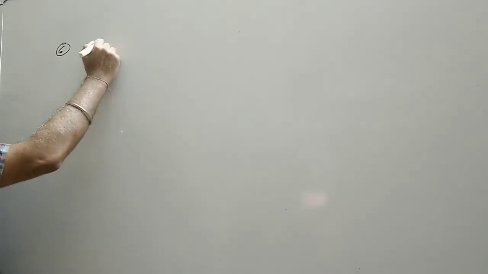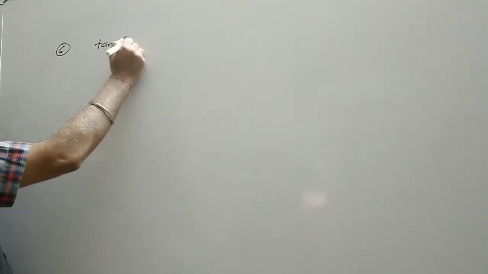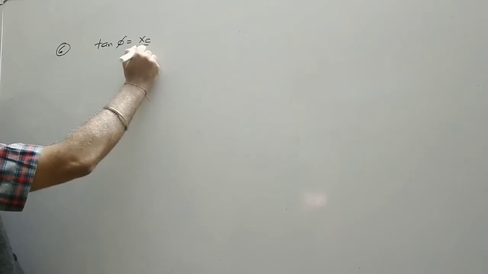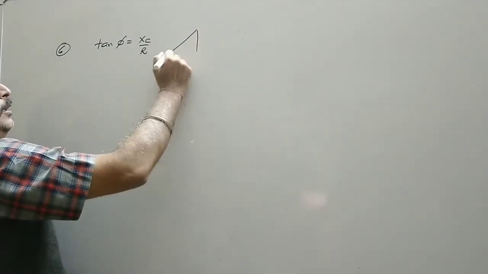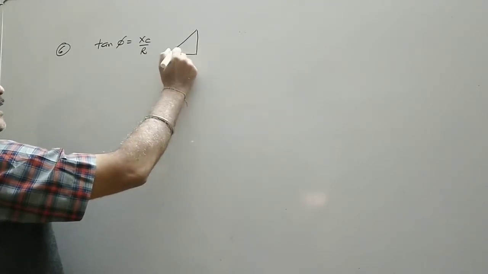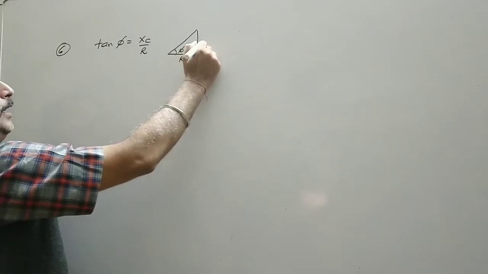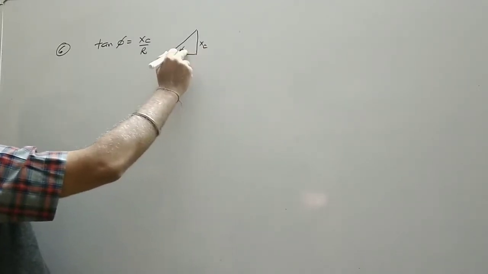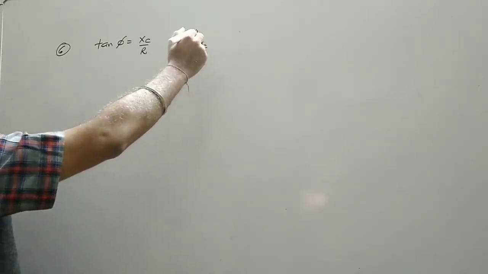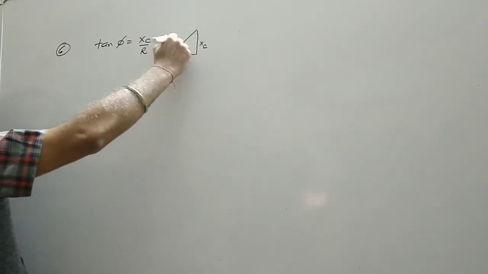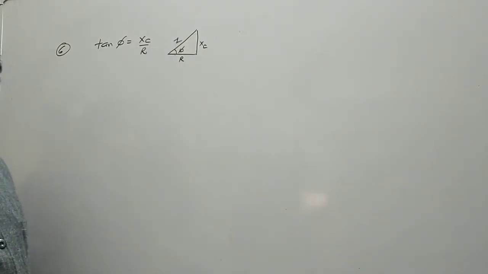So we know that tan of phi is equal to Xc upon R. So if we draw an impedance triangle for the RC circuit, and this is phi, so this was R and this is Xc, so tan of phi is equal to opposite upon adjacent, and the hypotenuse was the impedance. I have to find out the time lag.